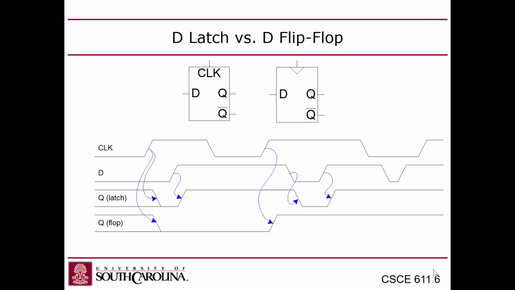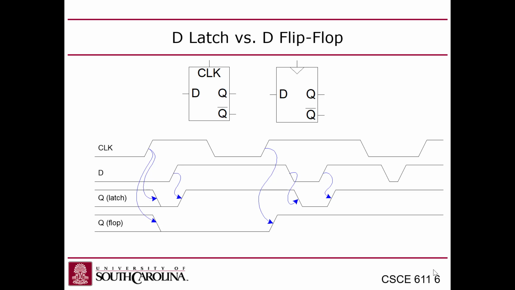And that happens again here, D falls and Q falls because that happened when the clock was asserted. But over here, D falls and then rises, has a falling edge and a rising edge. But because that happened when clock was not asserted, the Q output didn't change.